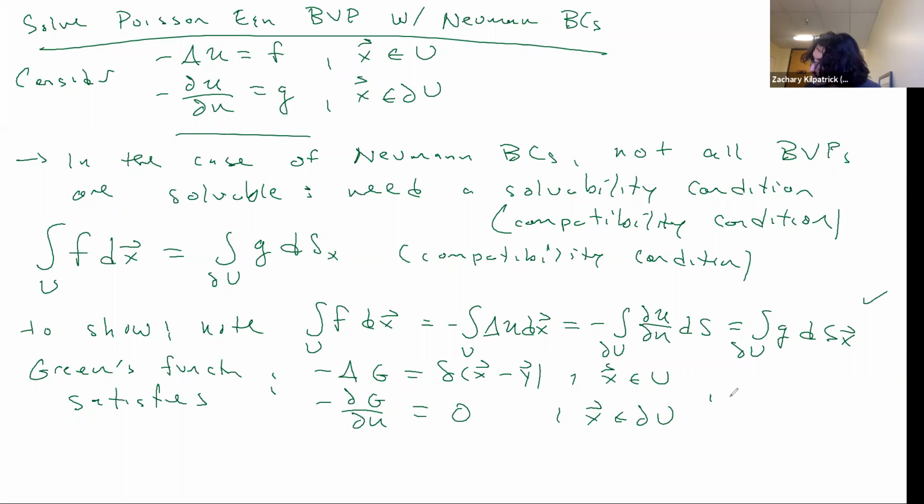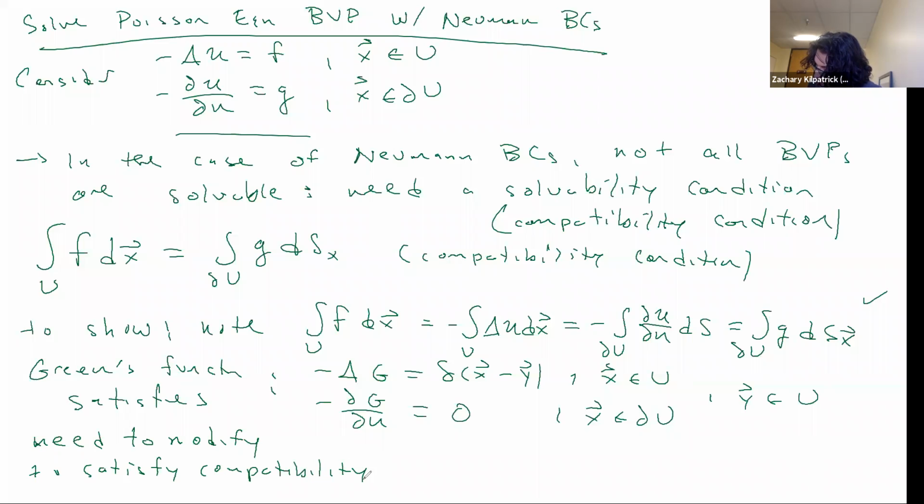All right, where as usual y is going to live in U, the open bounded set, okay. Now, in order to satisfy compatibility for the Green's function, okay, we're going to need to modify this, okay? Slightly.